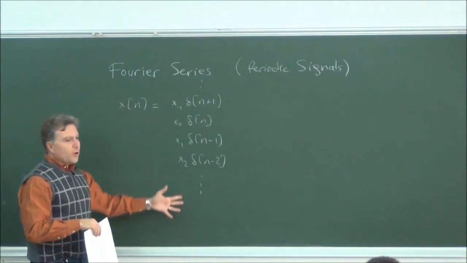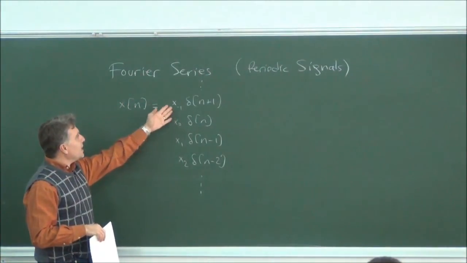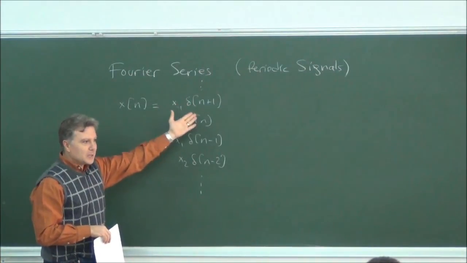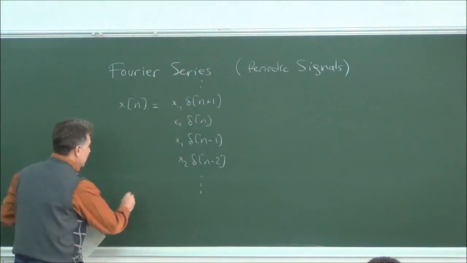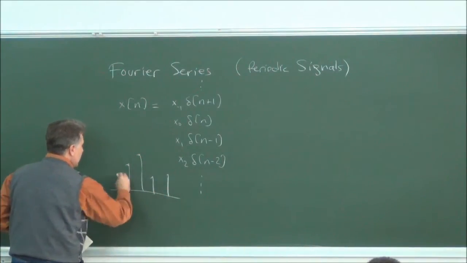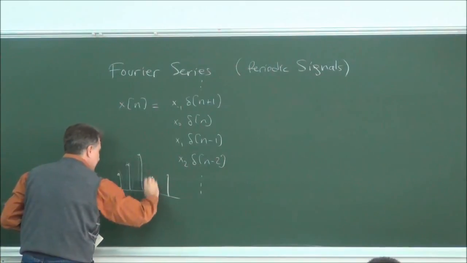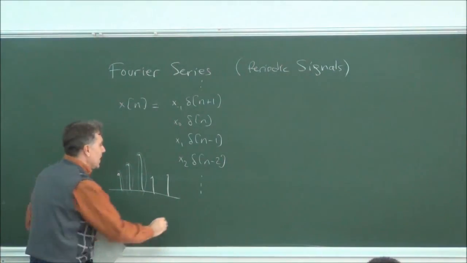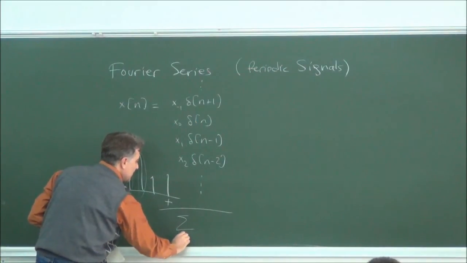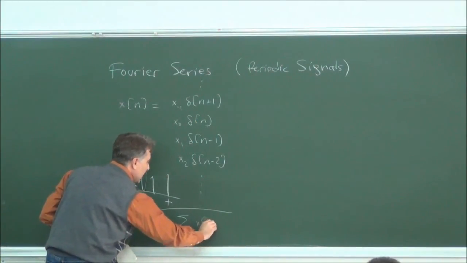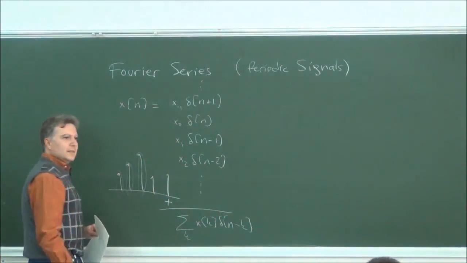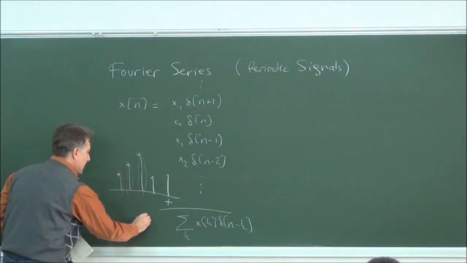It's a summation of all these things, and this x minus 1 is x of minus 1. Delta n plus 1 is an impulse at n is equal to minus 1. So we were isolating every item of our signal to individual impulses. And why were we doing that? And the summation of these things was, what was that? It was summation for k, x of k, delta n minus k. Right? That was the representation of x of n.